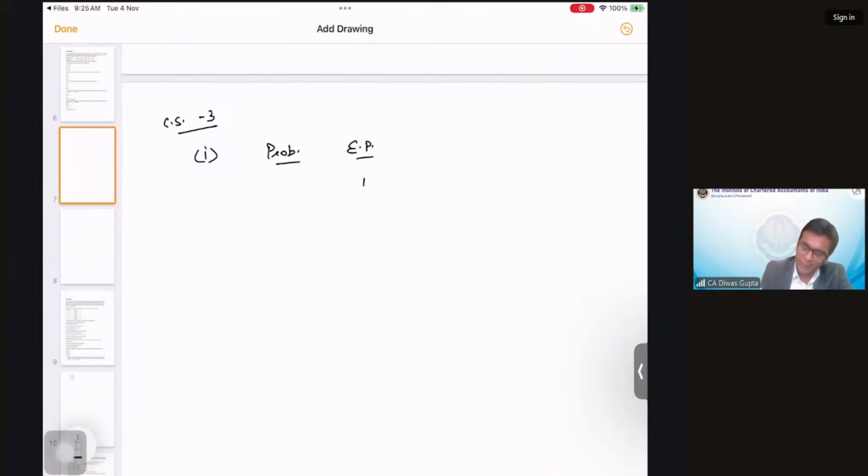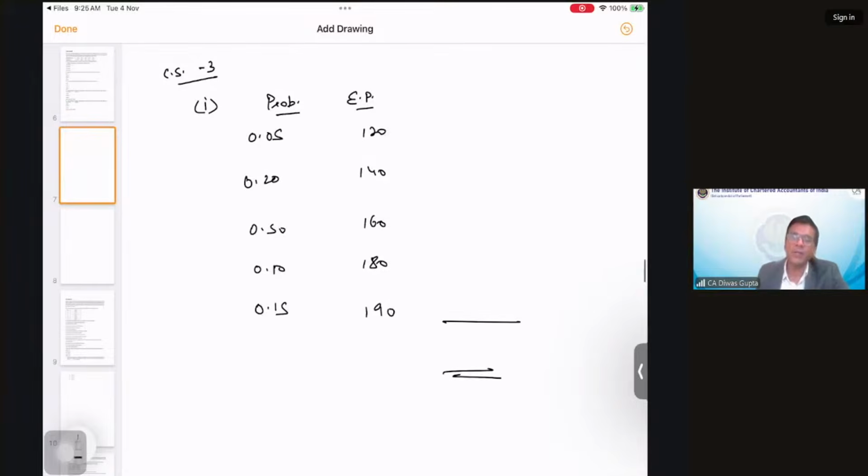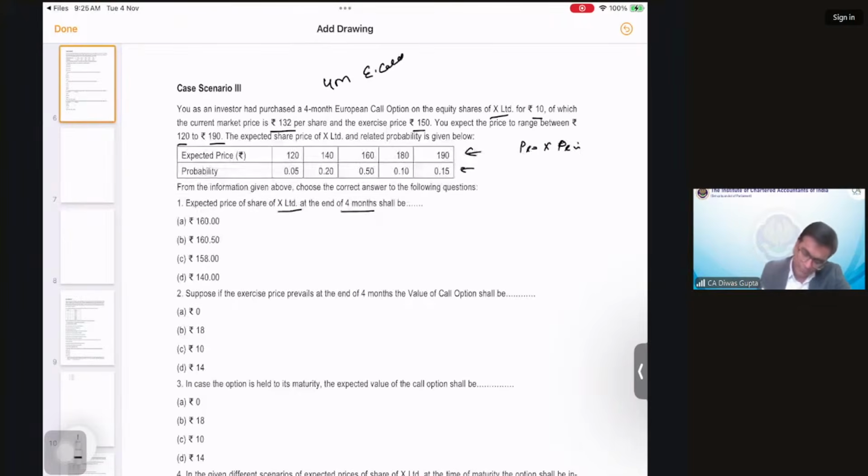So 120, 140, 160, 180, and 190. 0.15, 0.10, 0.50, 0.20, and 0.05. So in totality, we will get 160.50. We just have to multiply and take a summation of this. Right? So the correct answer becomes B.